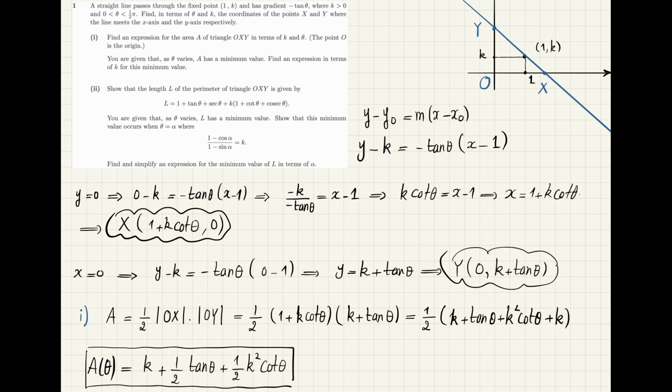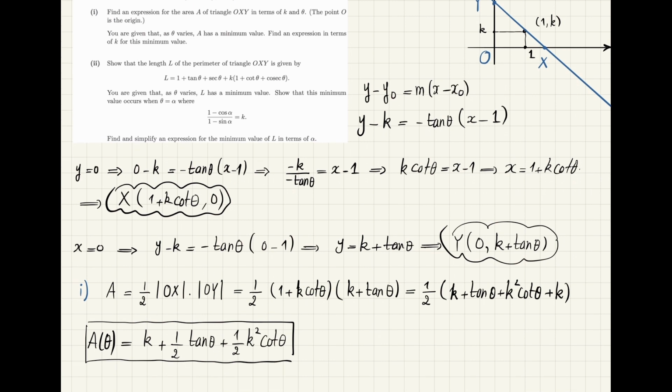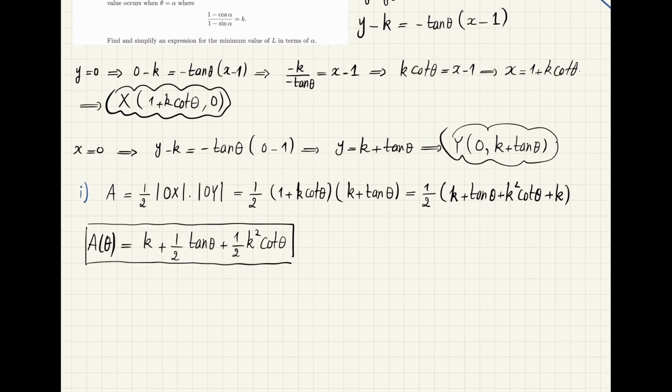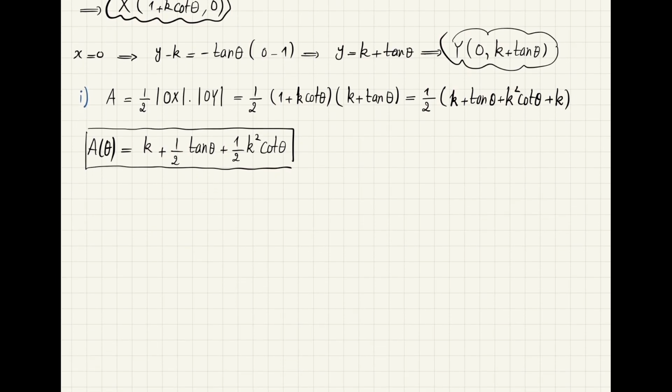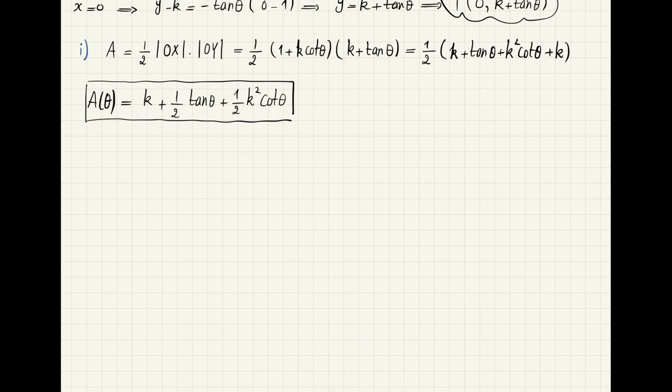Okay, so probably the easiest and most natural way to tackle a minimum or a maximum problem is to talk about the derivative of the target function, here the area, for example. So what I do, I will start by taking the derivative of this function A of theta. So let us do it here. A prime of theta is equal to, the derivative of k is simply 0, and then I have 1/2.